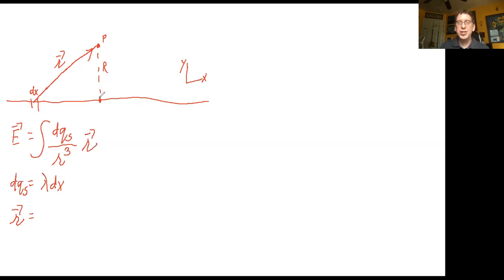And then the y direction is from the origin up to the point where the electric field is being evaluated. So the y direction is simpler. It's always going to be capital R. And so it's going to be something i hat plus capital R times j hat. But what is that something?